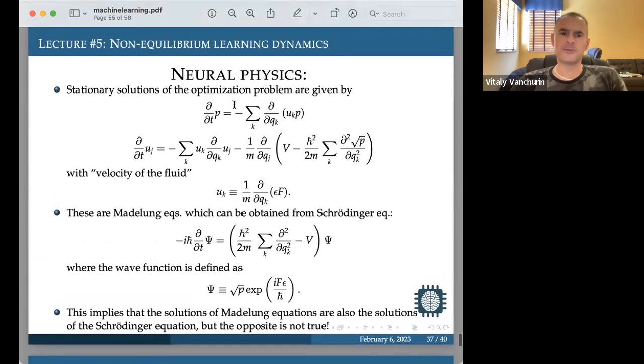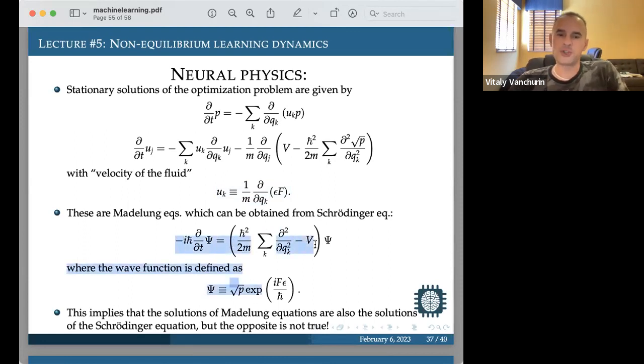Okay, so that's fine. But when I say equivalent, the equivalence doesn't go both ways. So they're not completely equivalent. The point is that the solutions of the Madelung equations, of those 2 equations, the solutions that you would get by solving the dynamics of your learning system, are solutions of the equivalent Schrodinger equation. But the opposite is not true.